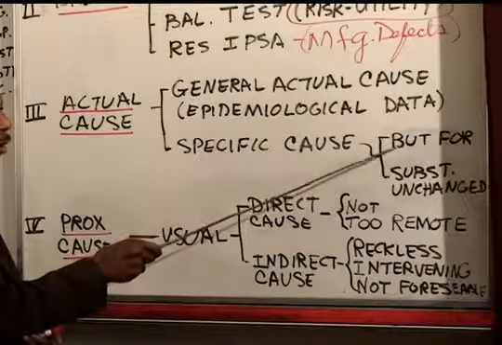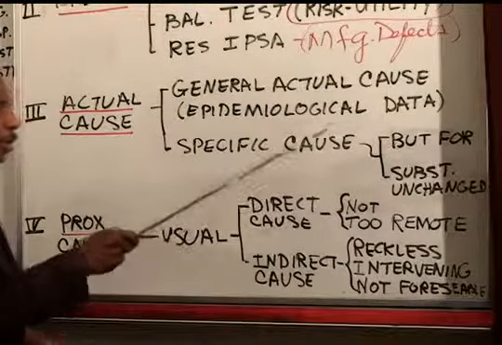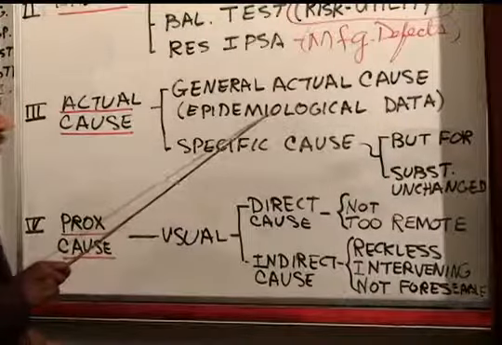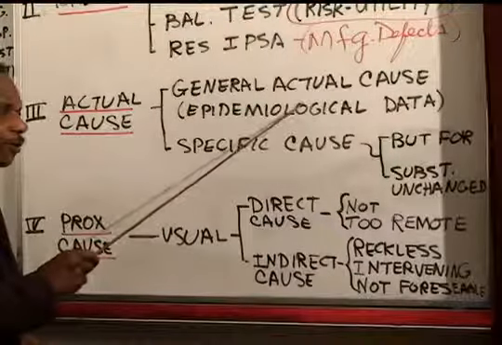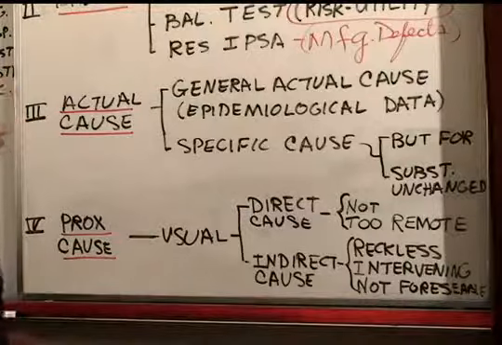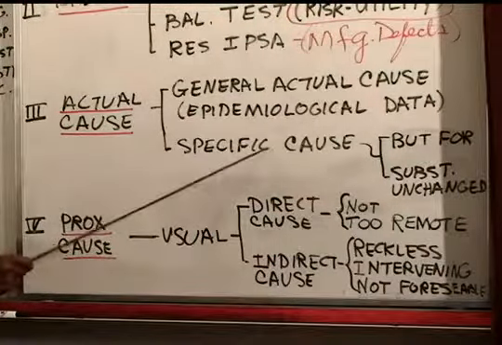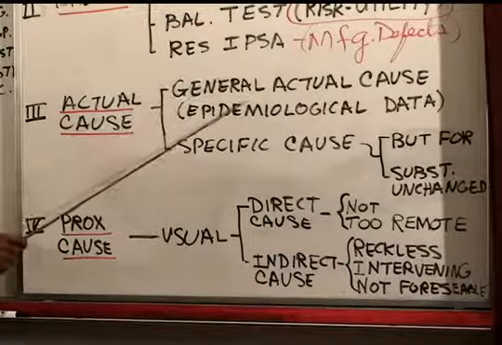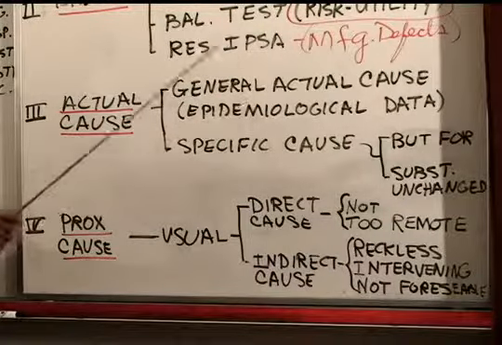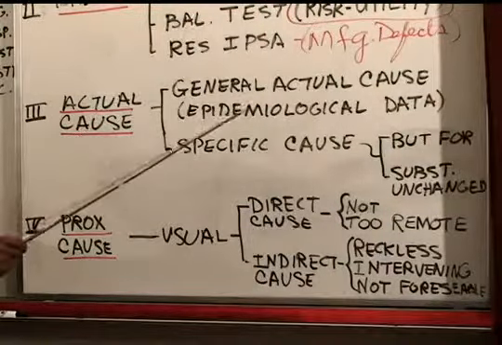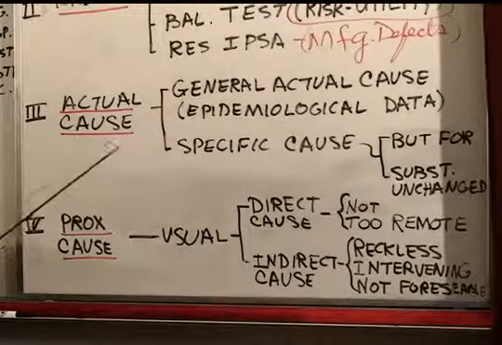In other words, you can't really prove the but-for test with this epidemiological data, but if it's strong enough, courts permit the jury to find that. So the jury can find specific cause if the epidemiological data is strong enough. If the epidemiological data is not strong enough, they will not be able to find specific cause.